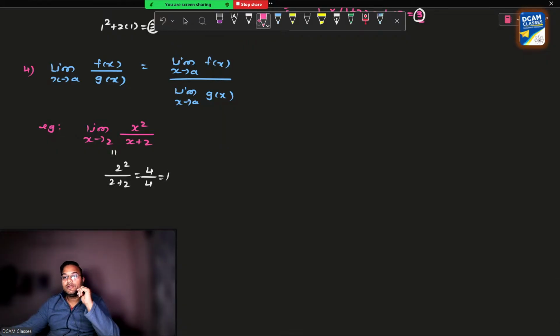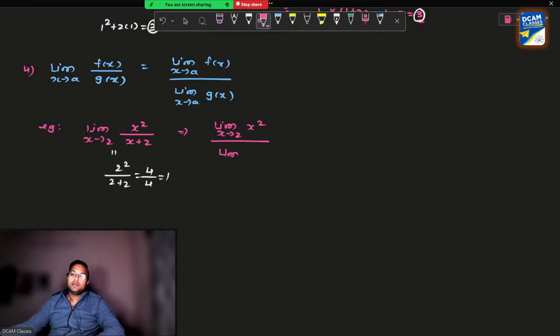The other way we do is limit x tending to 2 of x square divided by limit x tending to 2 of x plus 2. What will happen? 2 square divided by 2 plus 2. Again, see, 4 by 4, one.